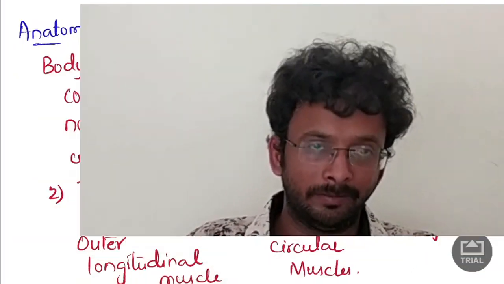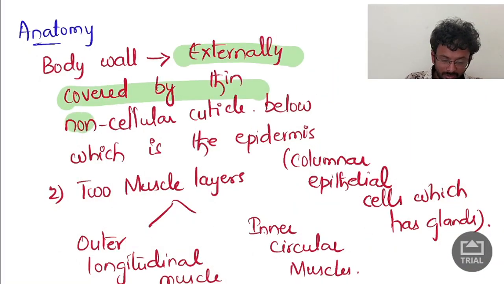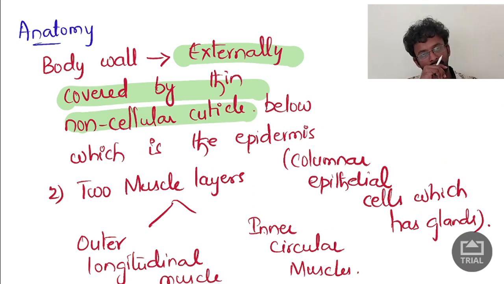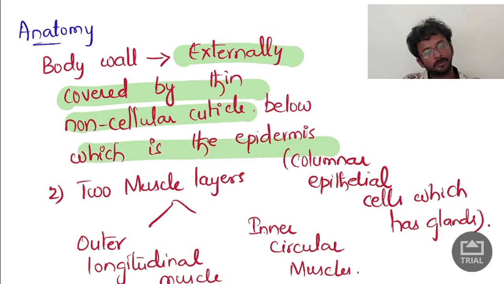Now, the body wall is externally covered by a thin non-cellular cuticle. Like our body is covered with skin, the earthworm's body wall is covered by a non-cellular cuticle, below which the epidermis is present.